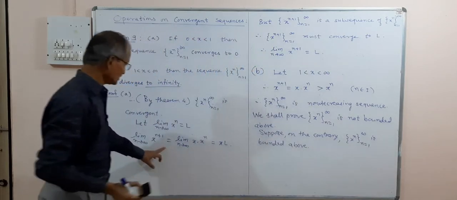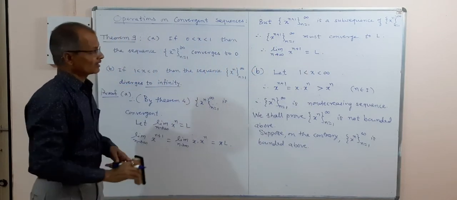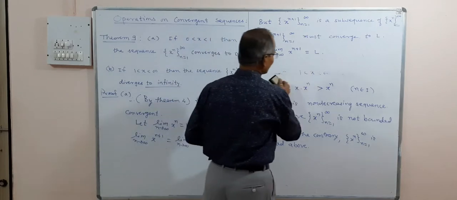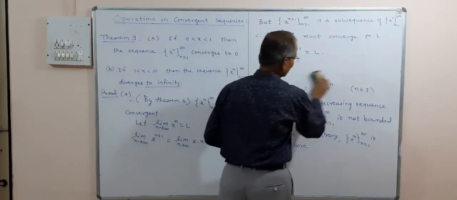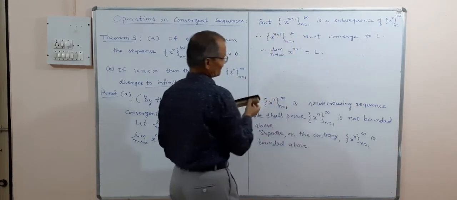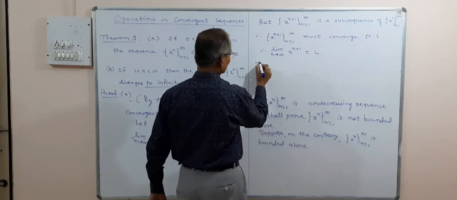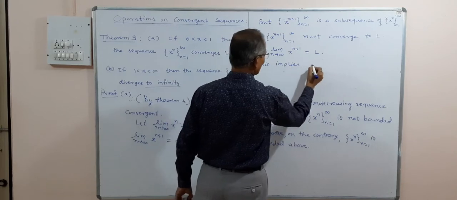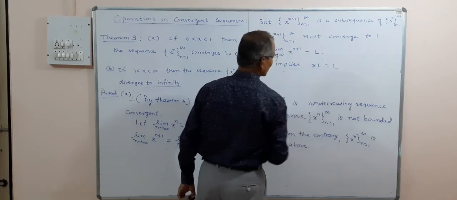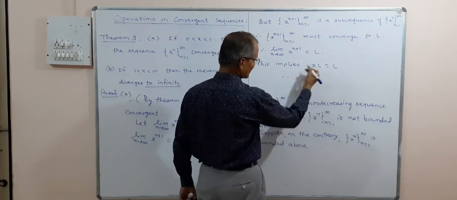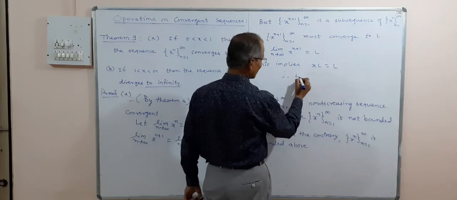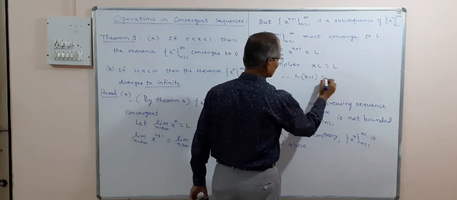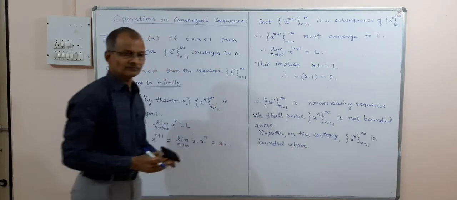But we have this limit as xL also. And thus, again, we will have xL is equal to L, as in part A. So this implies xL is equal to L. Or if you transfer this term on this side, we will have L into x minus 1 is equal to 0.